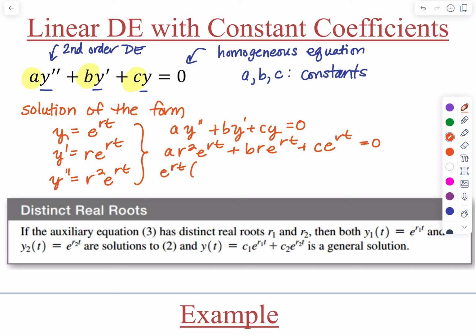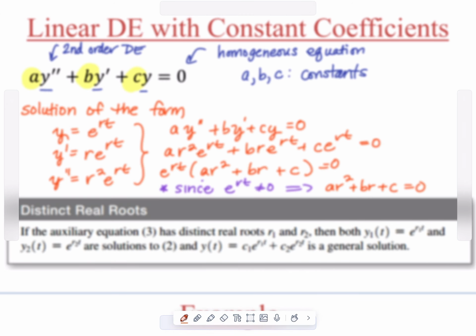Factoring out e to the rt, you can see that we have a r squared plus b r plus c is equal to 0. Now, since e to the rt can never be equal to 0, it must be that a r squared plus b r plus c is equal to 0.